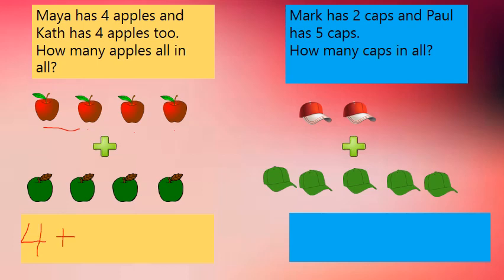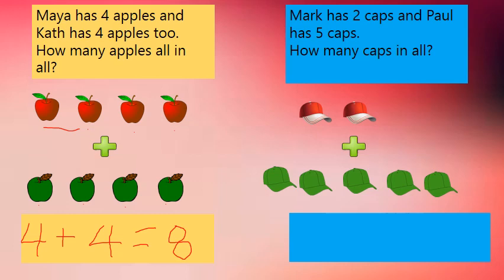And the second given number is 1, 2, 3, 4. There are two 4s. So how many all in all? Let's put them together, count them together. 1, 2, 3, 4, 5, 6, 7, 8. So 4 plus 4 equals 8. Who got it correctly? Wow, very good. Thank you.